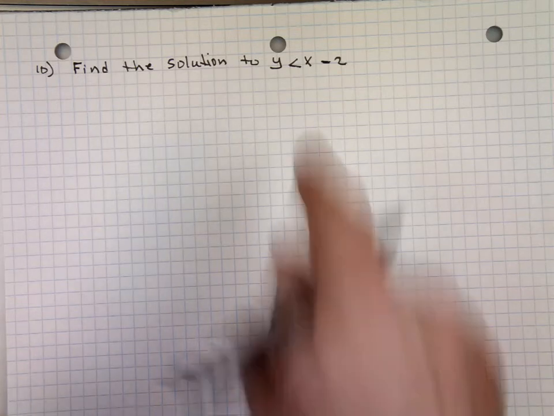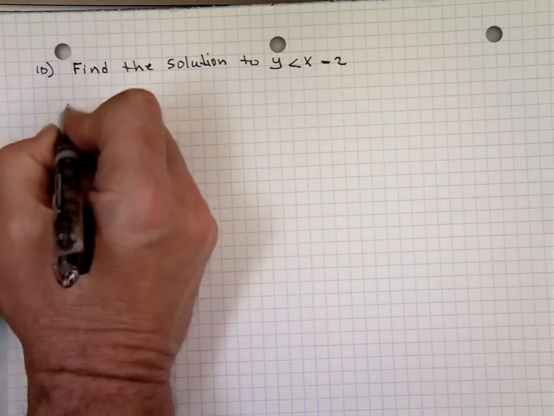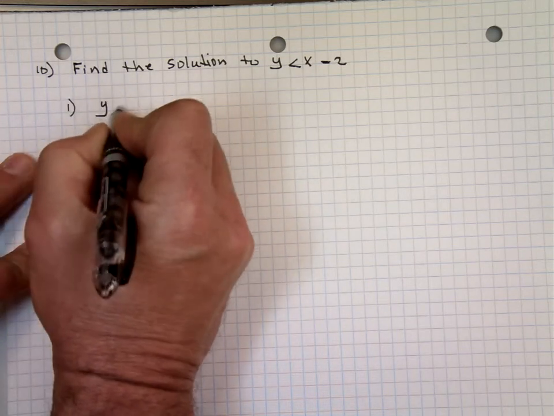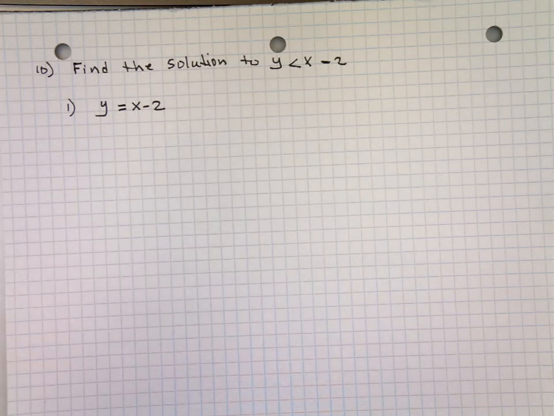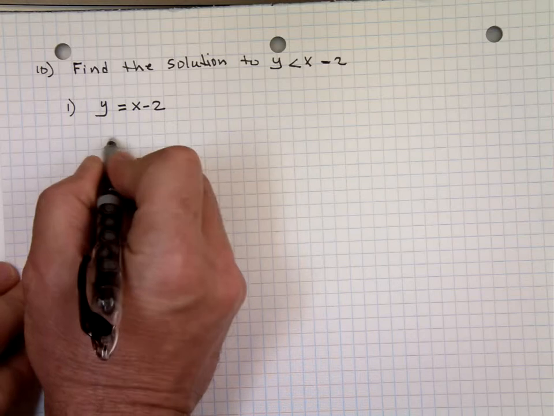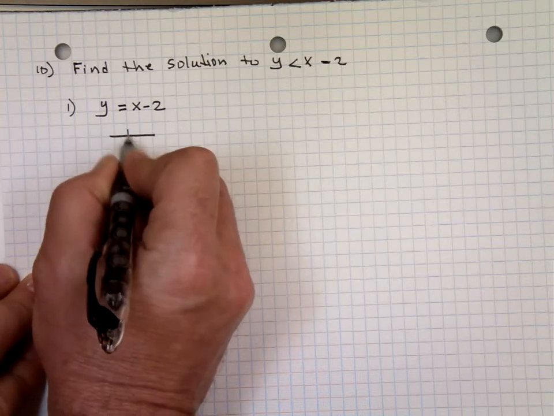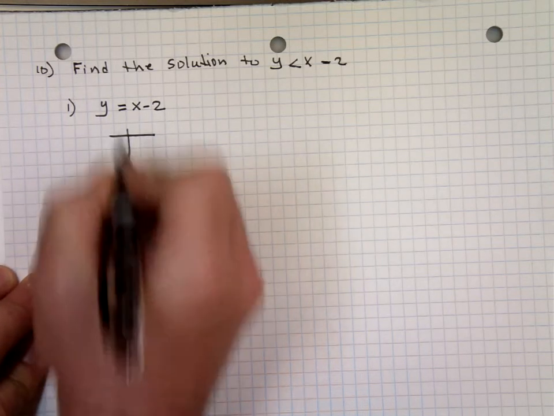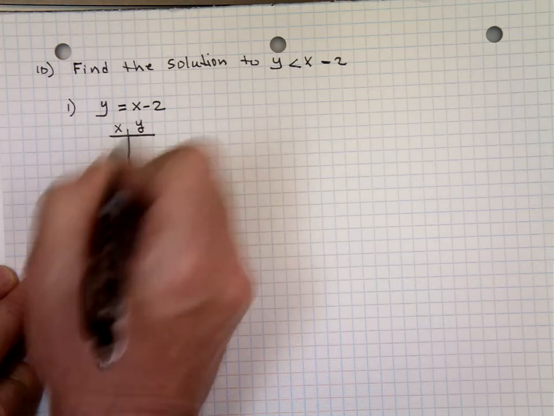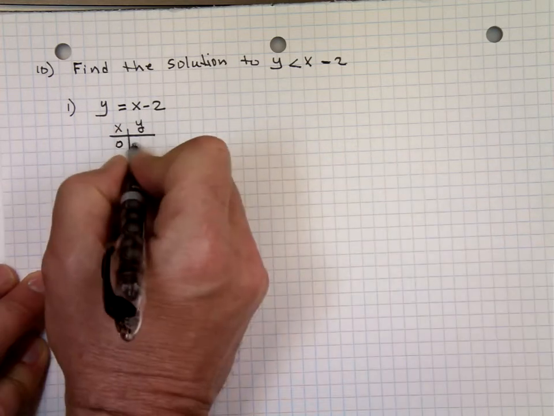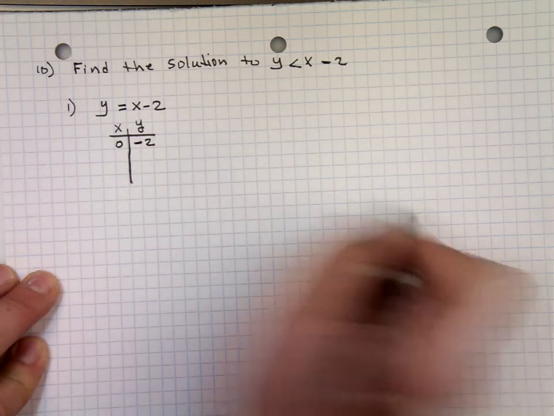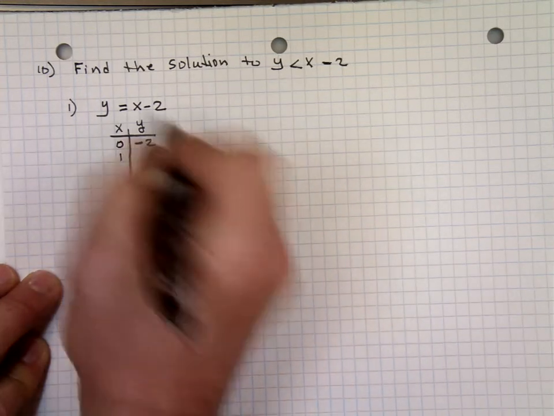So the first step, make it equal to find that line, y equals x minus 2. Now I need to graph that. And the easiest thing, again, I'll pick points. X versus y. When x is 0, what is 0 minus 2? Negative 2. When x is 1, what's 1 minus 2?